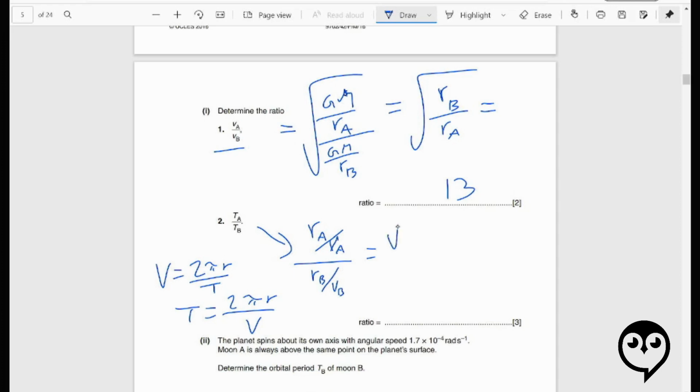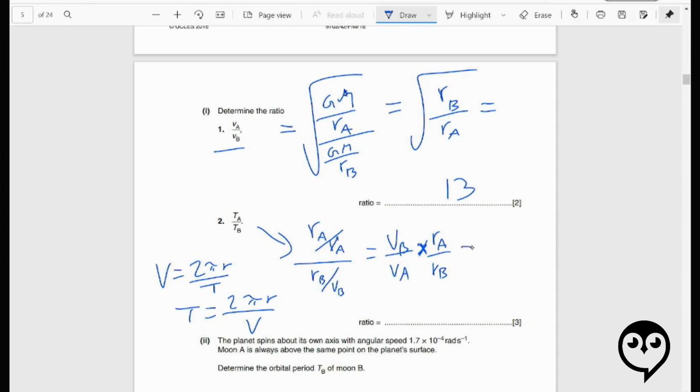And again, we'll rearrange. We'll have Vb over Va times Ra over Rb. Right, now we know the value for VA over VB is 13, but we also know that the value for VA over VB is the root of RB over RA.